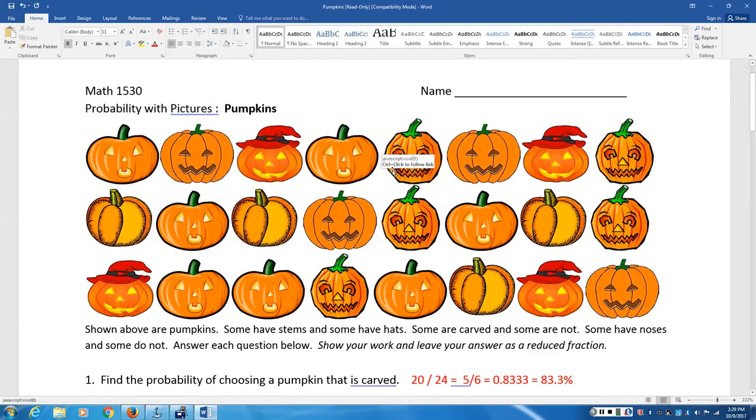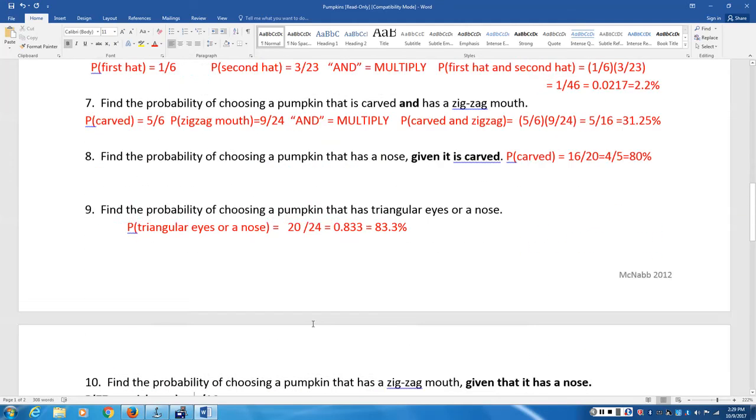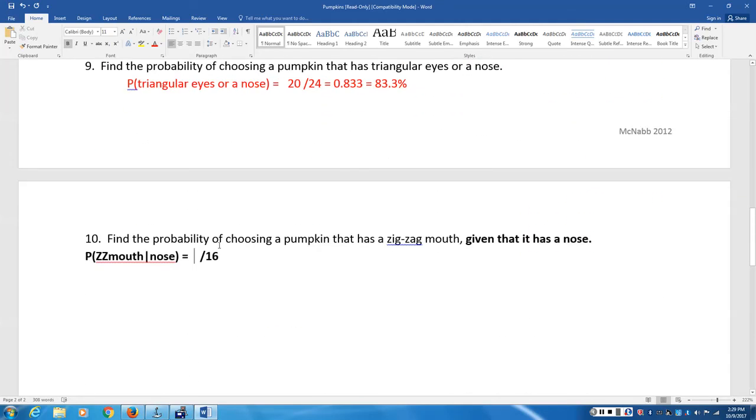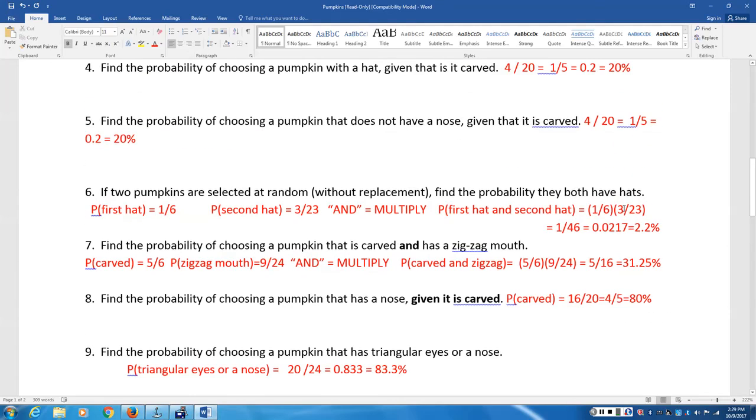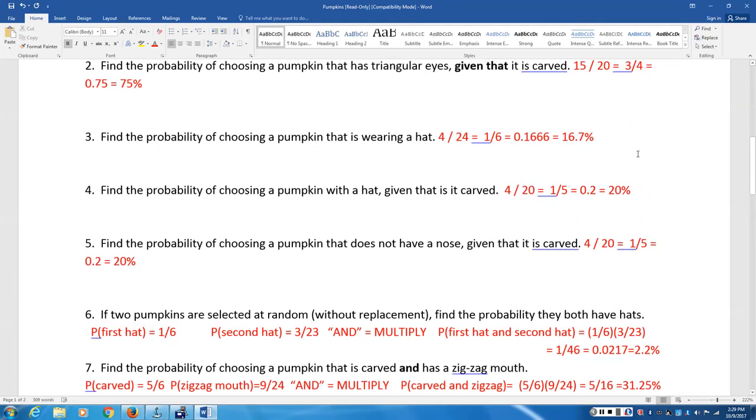Okay, there's 1, 2, 3, 4, 5. Five of them. So 5 out of 16. I think we already did that as a decimal, so let me see if I can find where I did it.